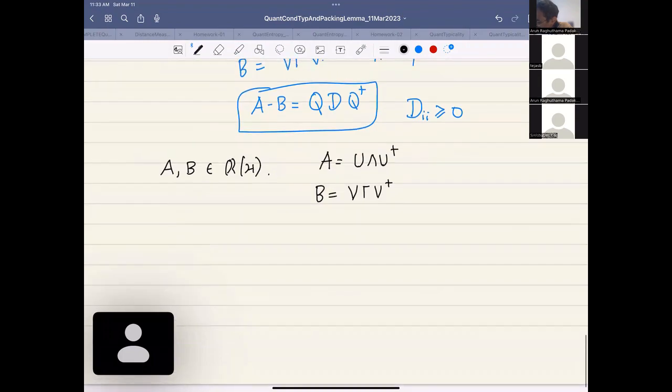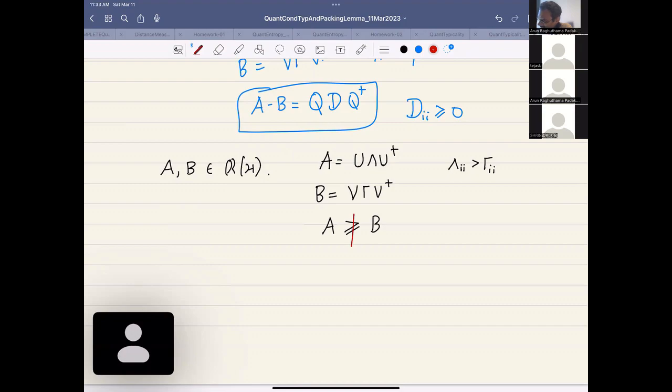Now all the eigenvalues of A may be greater than, or strictly greater than, the eigenvalues of B, but A minus B need not be positive. In other words, A is not necessarily greater than B.